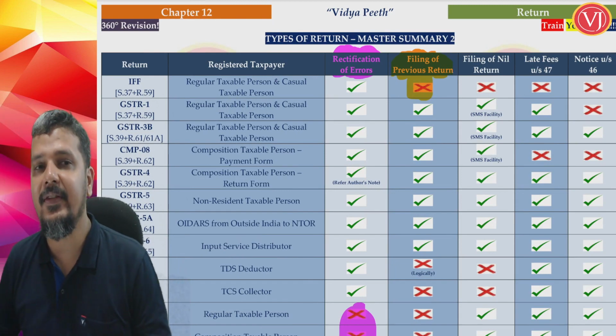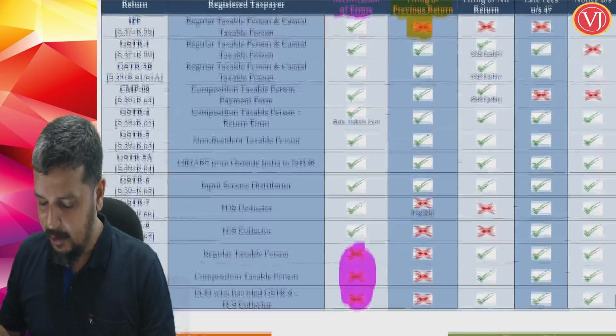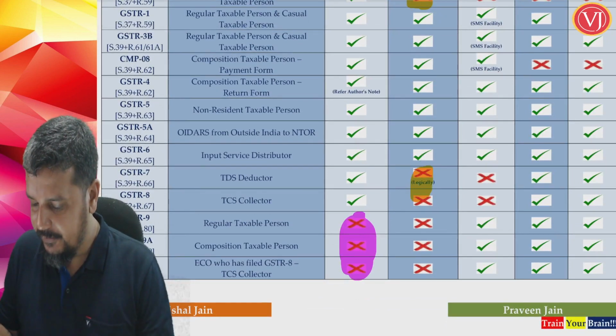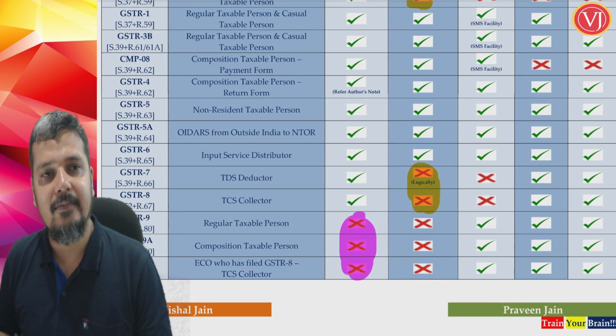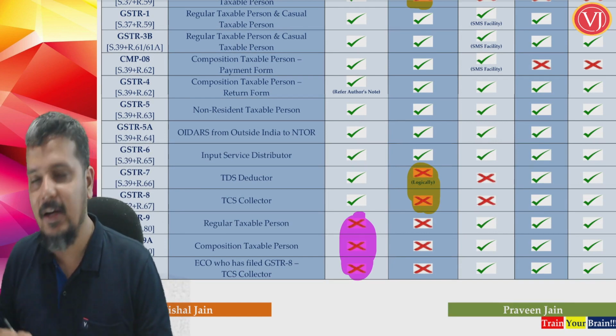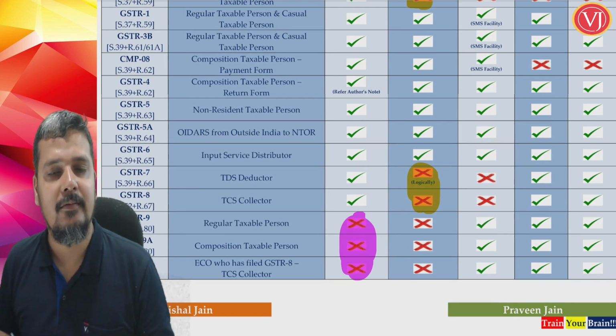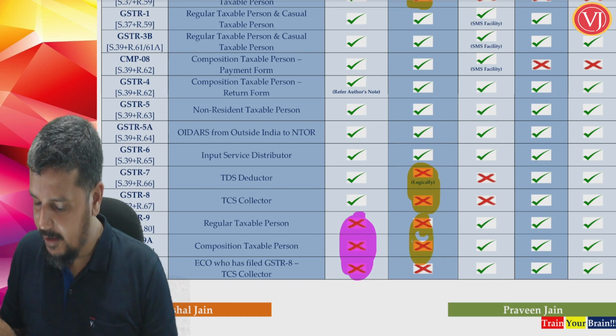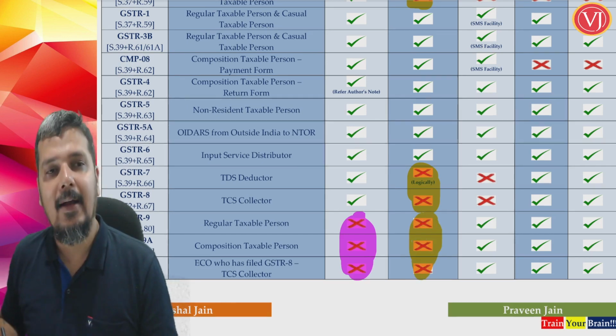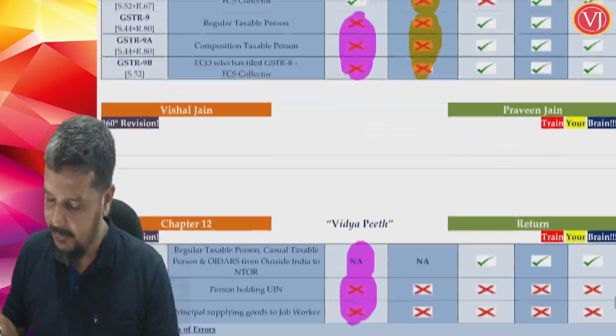It is also not applicable for GSTR 7, GSTR 8. We'll understand why, because if they have nil return, it is not required. It's not required for GSTR 7, 8, and not required for 9, 9A, 9B.